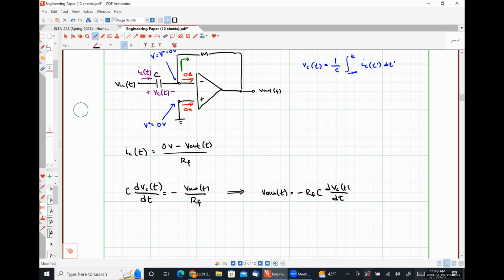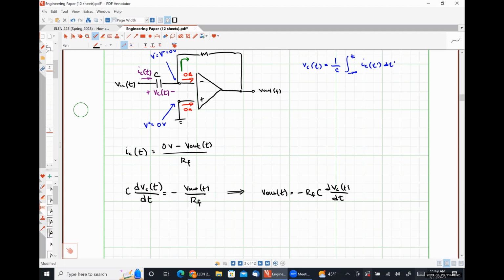And the last thing that I need to do is figure out how VC and VN relate to each other. So somebody tell me what that relationship is. What is the relationship between Vn of t and the Vc of t in this circuit?